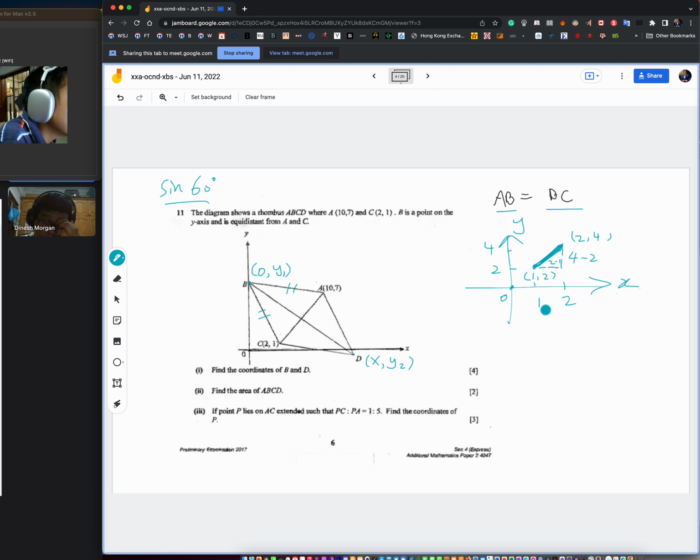Right? Then what you do is, this one you square it, right? This one you also square it, right? Then you add them together, then you just square root them, right?